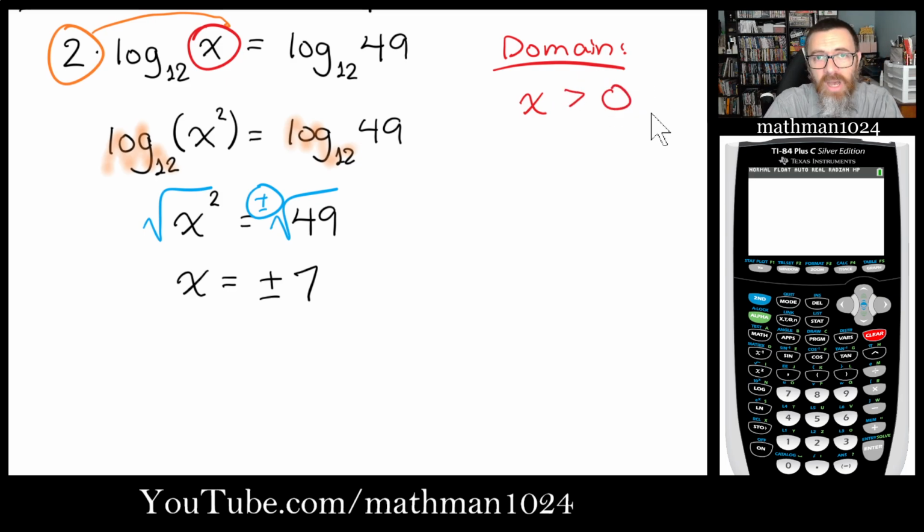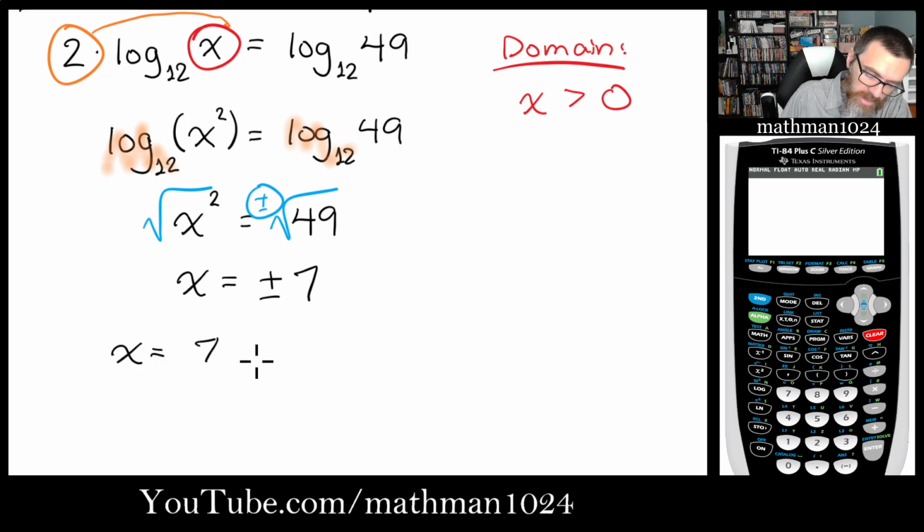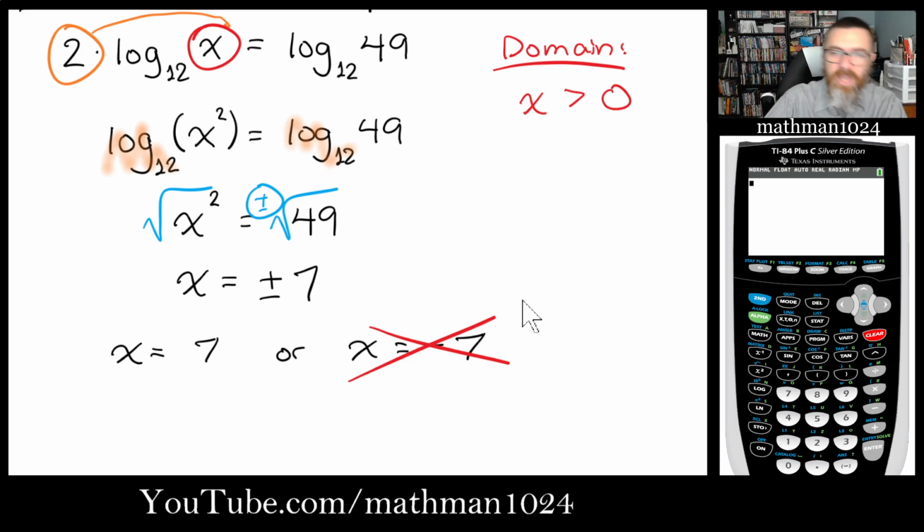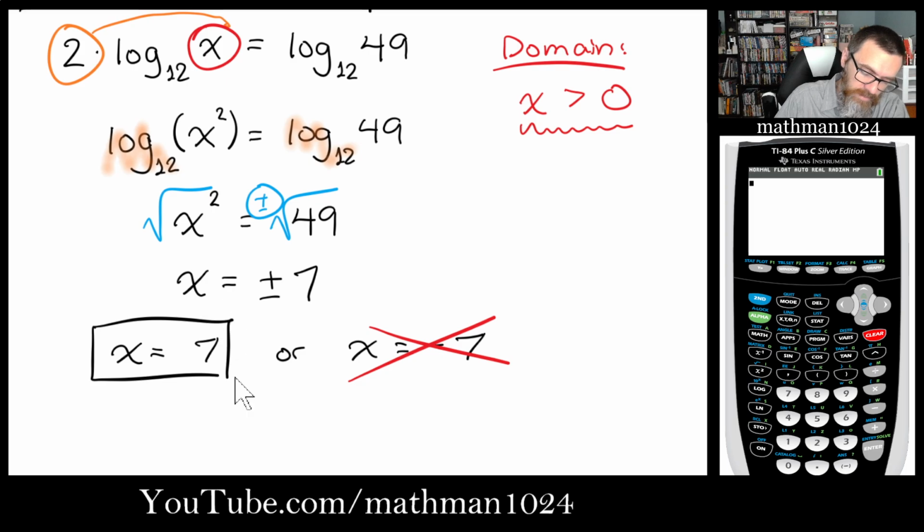It's got to be positive. So when I look at my two answers, x equals 7 or x equals negative 7, I have to eliminate negative 7 because it wouldn't satisfy the domain for that logarithmic expression. So the only answer that I have here is x equals 7.